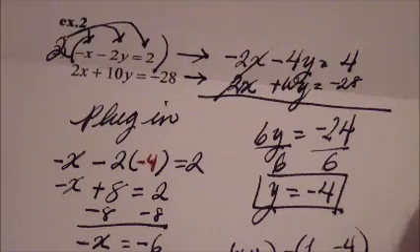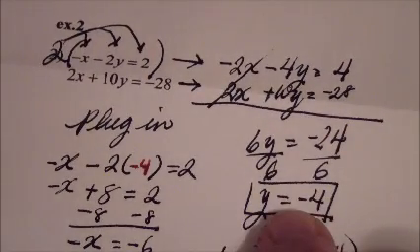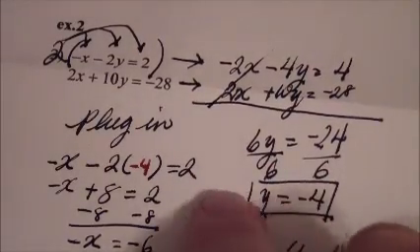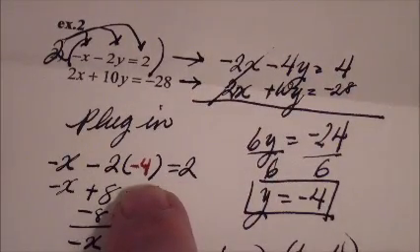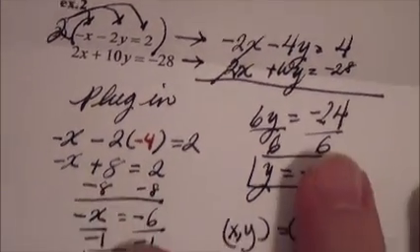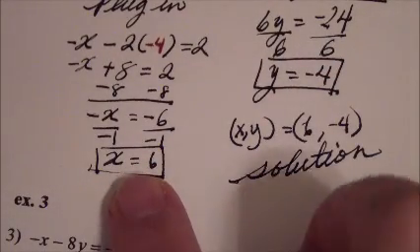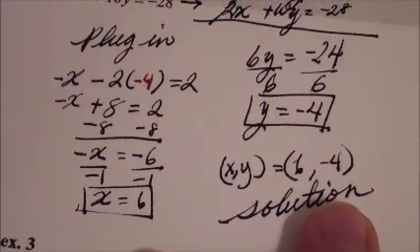Once we get the x's gone, we could then solve and isolate for y. Once you find your y, plug it into either the top equation or the bottom equation, whatever's the easiest, and then solve for your x. Once you have your x and y, you're done.